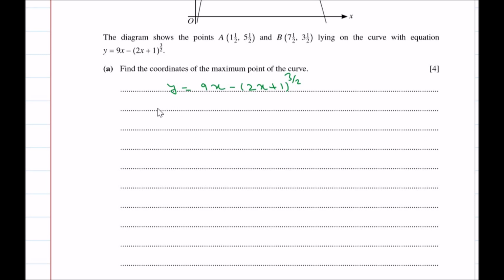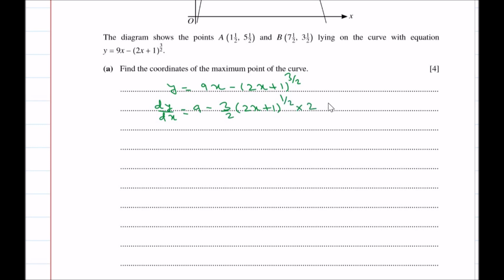So we get dy by dx is equal to 9, because for x it is 1, minus 3 by 2 into 2x plus 1. Now power 1 we need to subtract, 3 by 2 minus 1, that is 1 by 2. And we need to apply the chain rule. So for 2x we'll write 2.